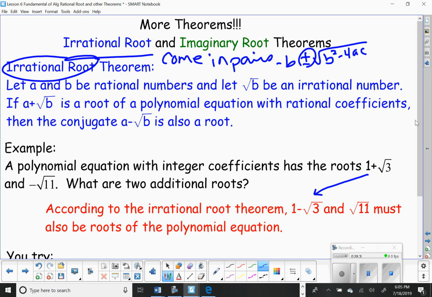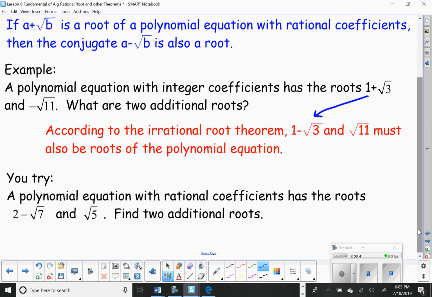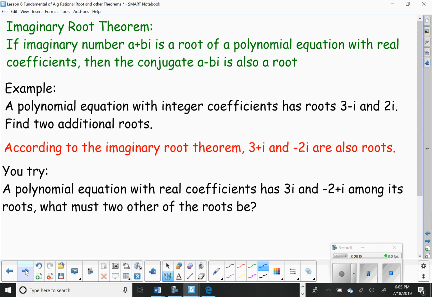Now, you try one. Did you get 2 plus root 7 and negative root 5 as the 2 additional roots? Great. So remember, if somebody gives you an irrational root, one irrational root, you actually know the other one. Just have to do the conjugate.